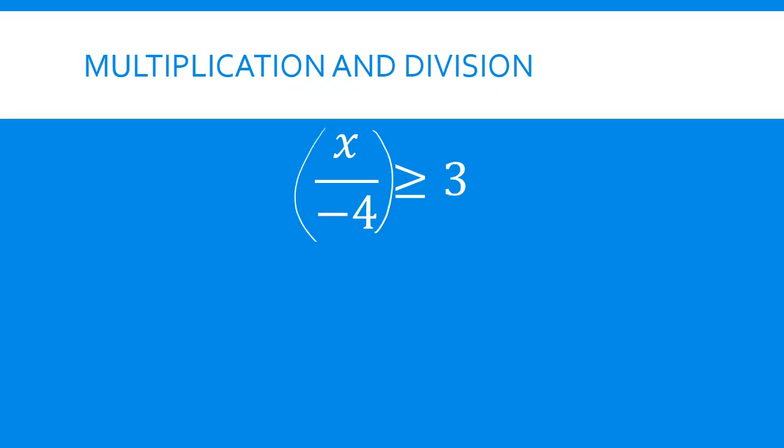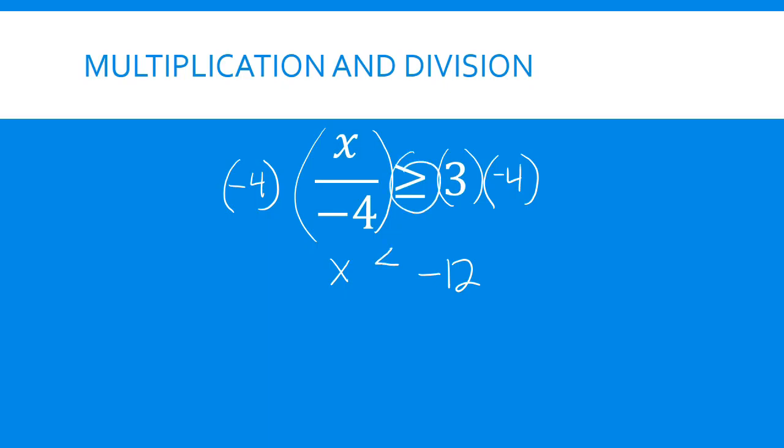What we're going to do is multiply both sides of our equation by -4. So it leaves us with x and then -12. And we take our inequality symbol and we reverse it. So we can say x is less than or equal to -12.